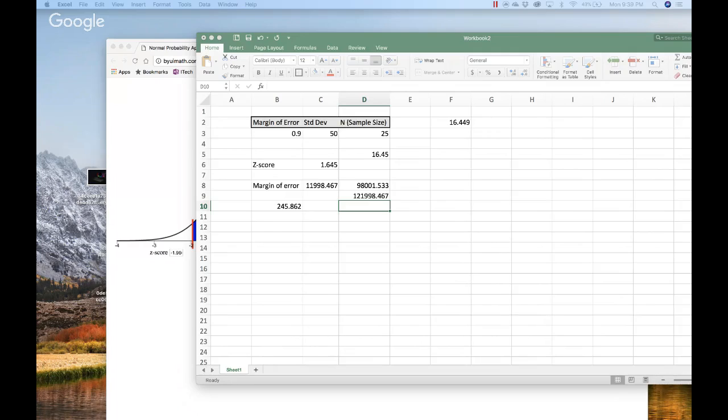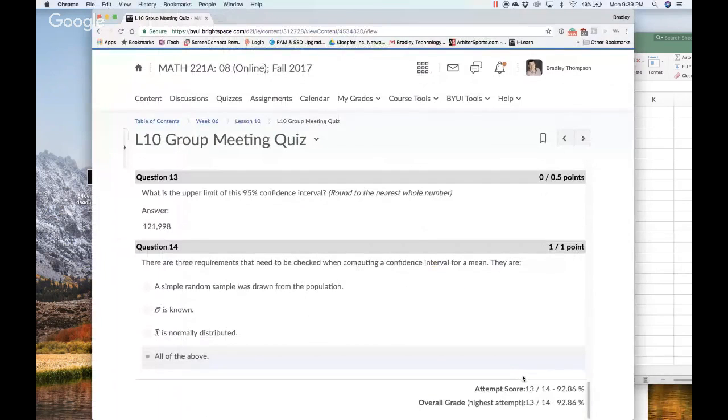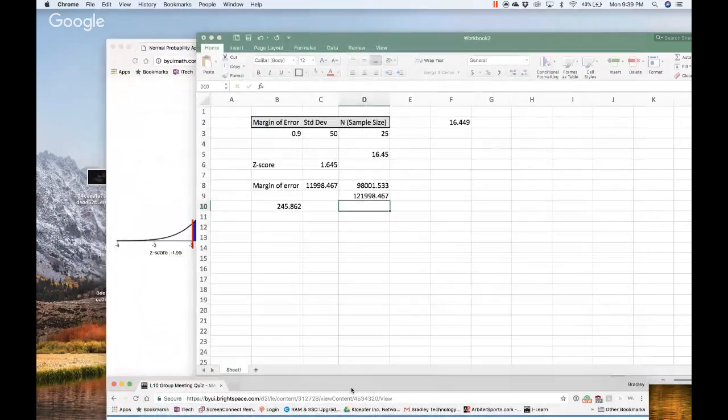All right, let's go see if we're as smart as we always are. Oh, we missed one. Which one? Missed the upper and lower limit of 12 and 13. Isn't it 99 point? Let me check mine.